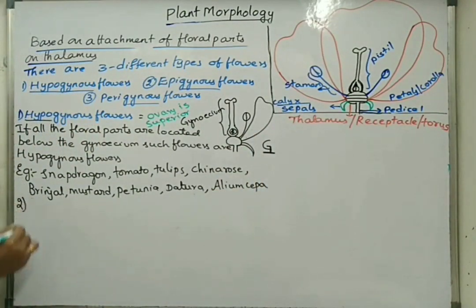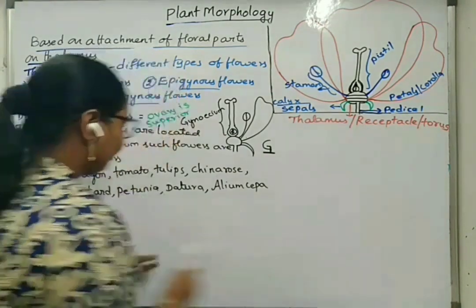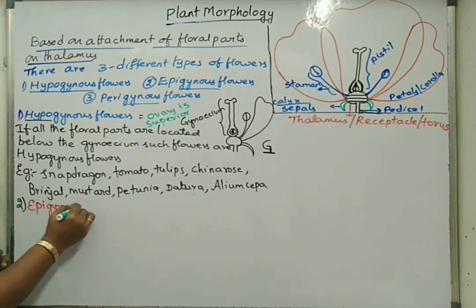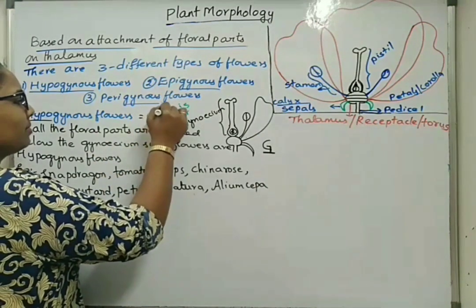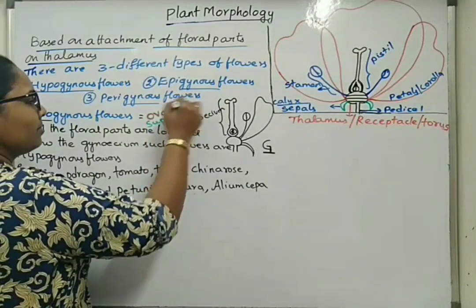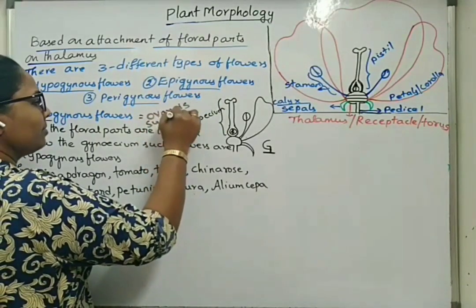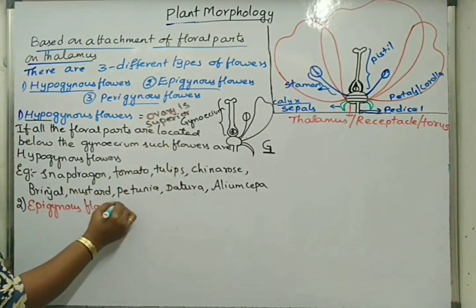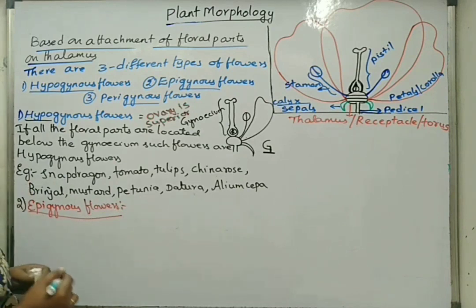So, second one, epigynous flowers. It means that if this is the pedicel, thalamus, so here thalamus develops somewhat cup-like in some flowers.